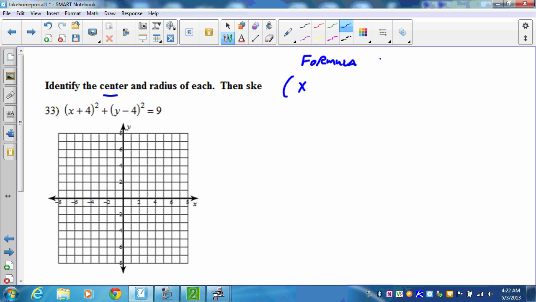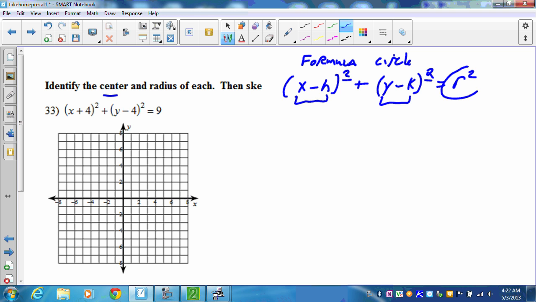This is the formula for the circle, and it looks like this: (x minus h) squared plus (y minus k) squared equals r squared. So you notice that you're basically having to complete the square if it's not already given to you.